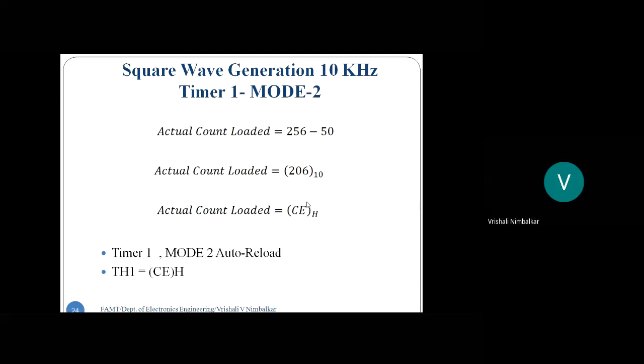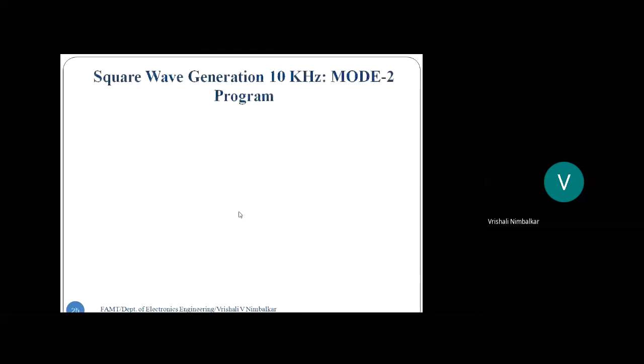Okay, now with all this in mind, let us go for programming. The way we have thought of in mode 1, the first thing that we will do is we'll start with the program ORG 000. Now see, I will not write it as a function. Actually, when I'm using mode 2, it means the microcontroller will be continuously operating in mode 2.